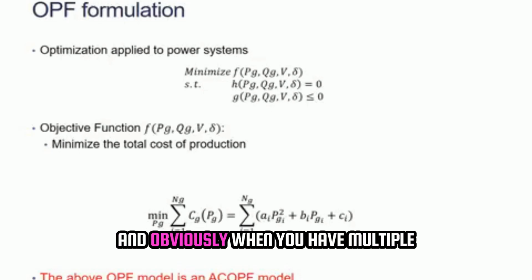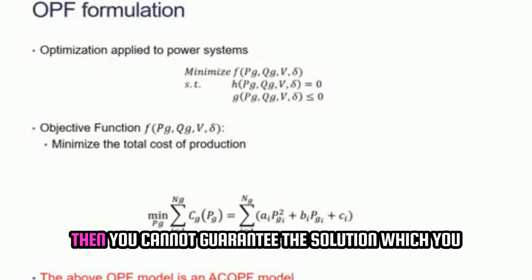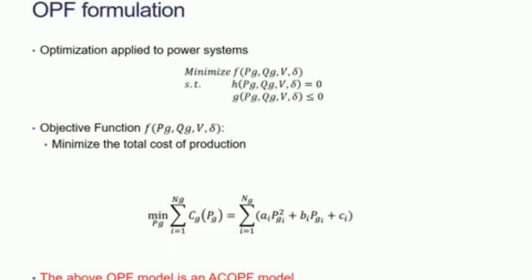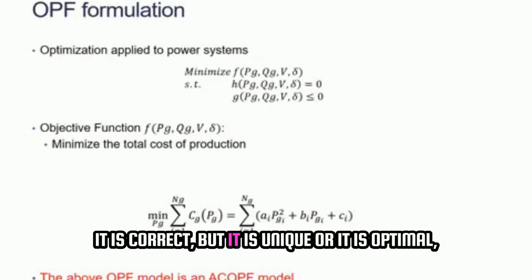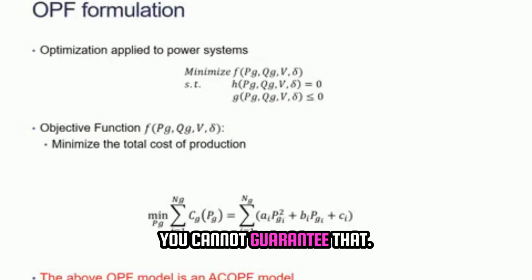When you have multiple solutions, you cannot guarantee that the solution you are getting from the generators is correct, or unique, or optimal, whether it is a local optimum or a global optimum. You cannot guarantee that, so it becomes really a debatable thing.